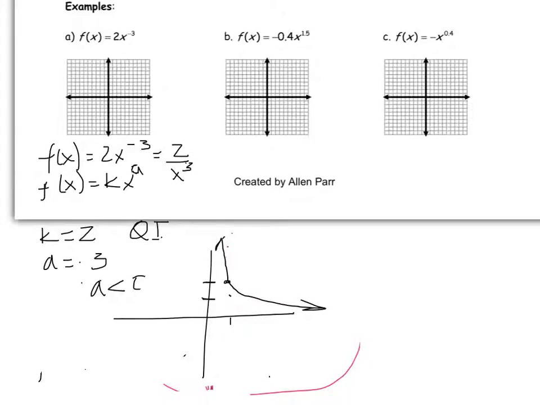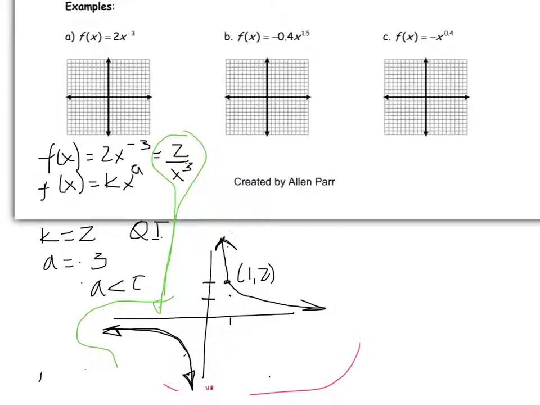It's going to look like that of a rational function. Because it's an odd function, it's going to reflect over here. So this is how you graph it, and this is the point 1, 2. So this is what this graph looks like. Okay?